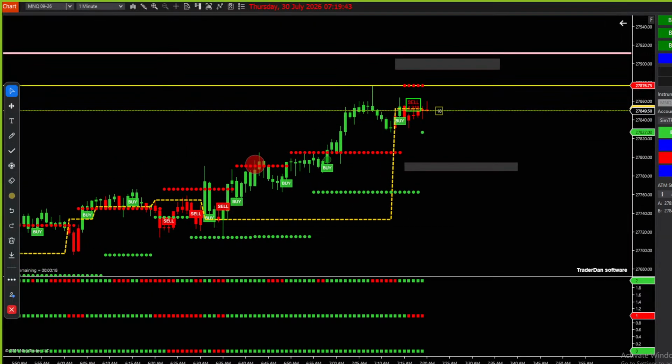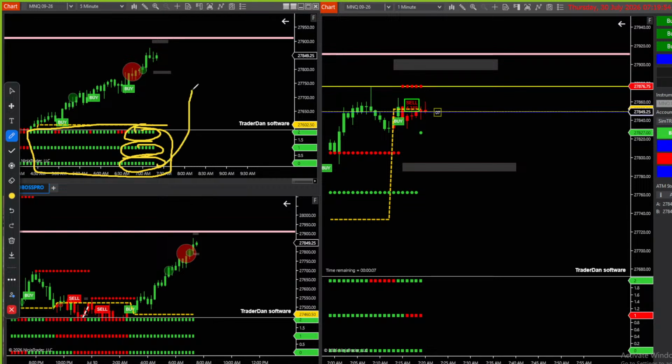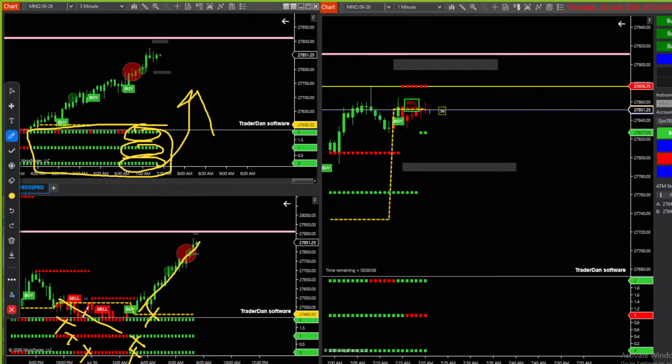So the other thing, you can go to a 5-minute time frame, and the bigger time frame is telling you a story. What is this in? What is this in, guys? That's an uptrend. So you would only be looking for longs. Look, this red on the 15-minute time frame, a downtrend back into a what? Uptrend. So as we go through pullbacks, you'll see red on the first, maybe on the second.